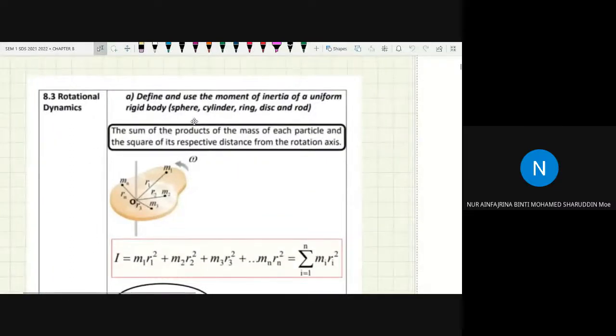Okay, hari ini kita akan sambung dengan the next part of chapter 8, which is 8.3. Today we will continue with 8.3, which is rotational dynamics. What is rotational dynamics?